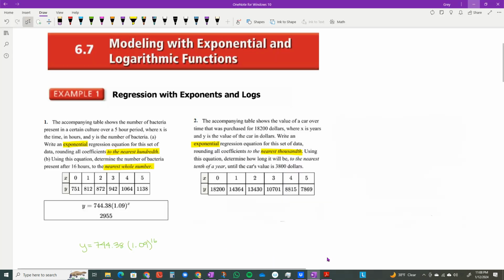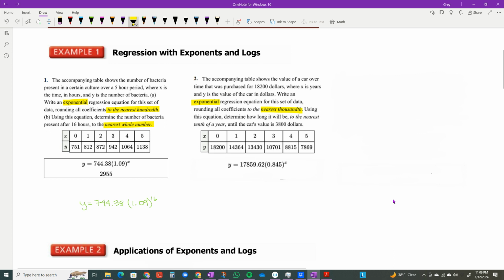So let me go back to our problem, and our equation is going to look like that. Now, using this equation, determine how long it will be. If you remember up here, it says X is the number of years, Y is the value. And if they're asking me how long, that means I'm looking for X. So in this particular case, I'm going to have to plug in for Y. What is the amount? 3,800.